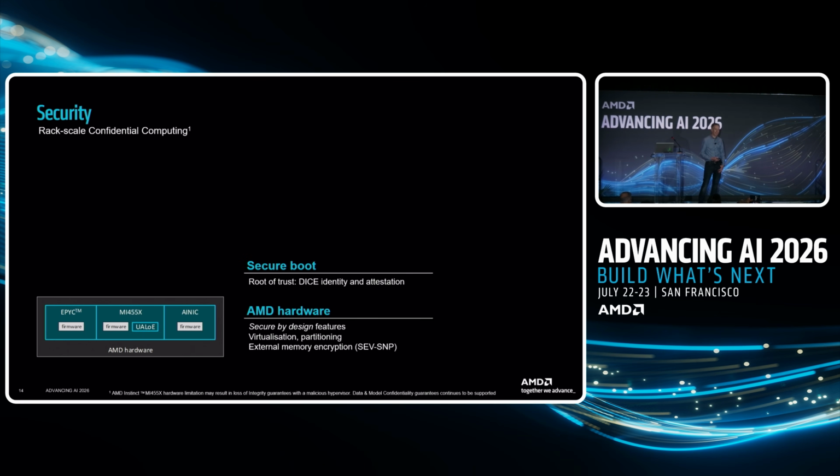Secure boot, together with other features like device identity attestation and so on, ensures that the software can verify that the hardware it's running on is genuine and hasn't been tampered with, that the firmware is authorized, that the software stack is all secure.